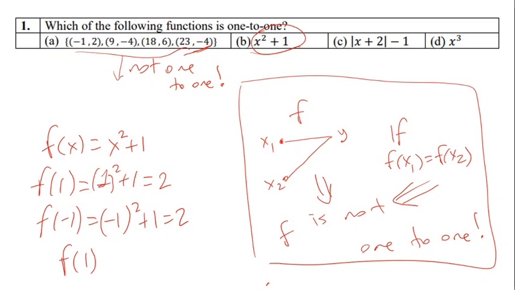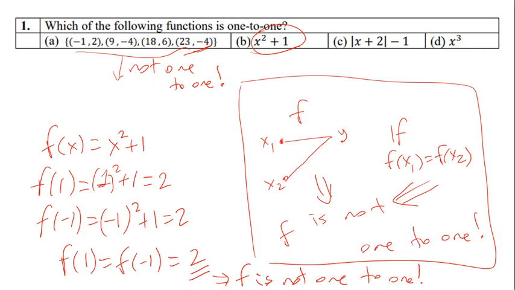So we show two x values are assigned to the same y value, so we can say this f is not one-to-one.